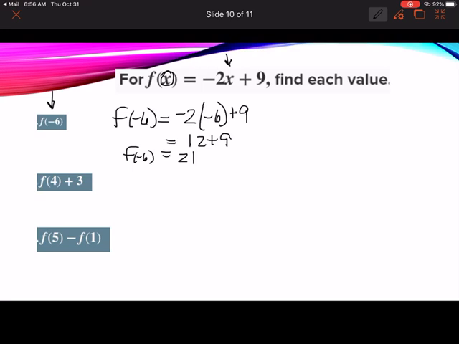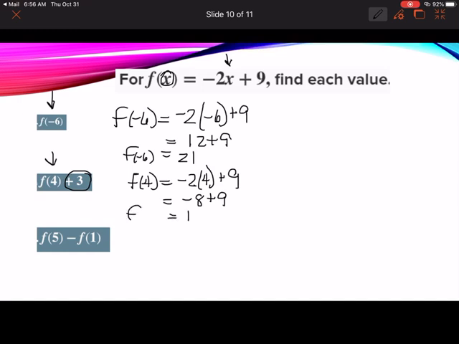Now on the second one, I have a lot more going on. So the first thing I need to do is find f of 4. And then when I'm all done, I'm going to add this 3. So let's start with f of 4. I just take out the x and put the 4 in. So that's negative 8 plus 9, and that's 1.